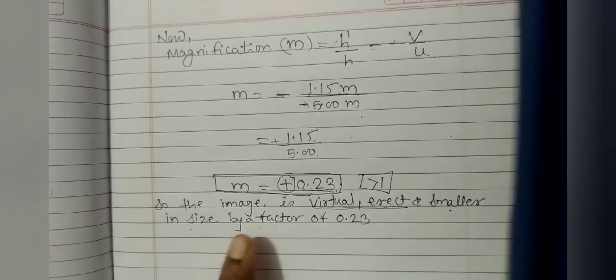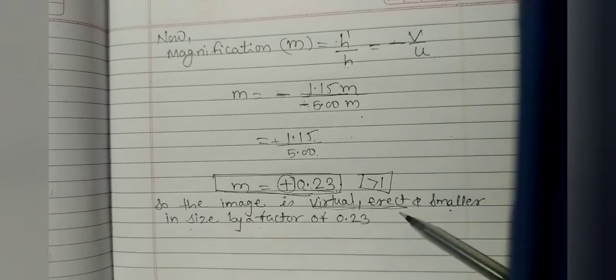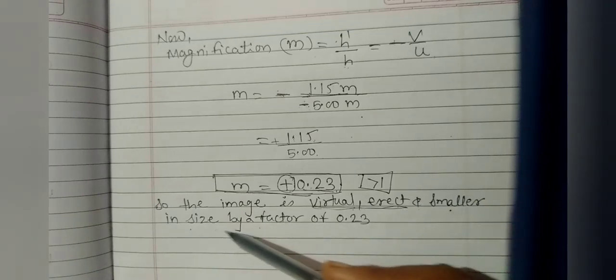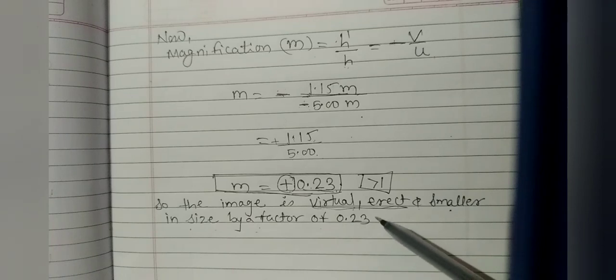In this case, the image is virtual, erect and smaller in size by factor of 0.23. I hope you understood how to use sign convention, mirror formula and magnification to know position, size and nature of image without constructing ray diagram.